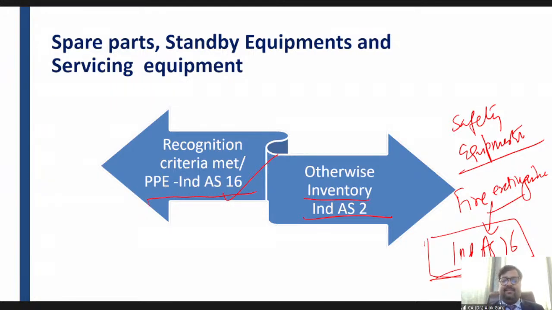So in that case, you have to dispose of, you have to de-recognize that asset and charge it to the P&L. Of course, the impairment provision will come into the picture, right? When the government has banned the output, the value of the machinery has drastically gone down. And when I measure the recoverable value, probably the recoverable value is equal to the scrap value, right?